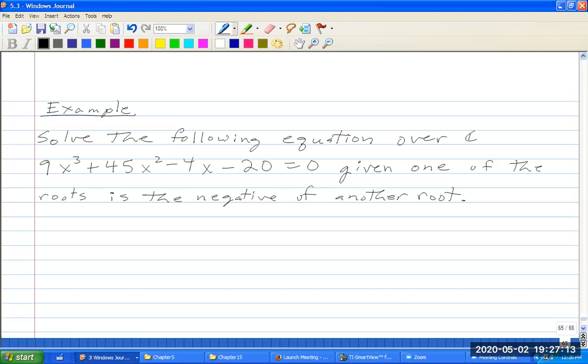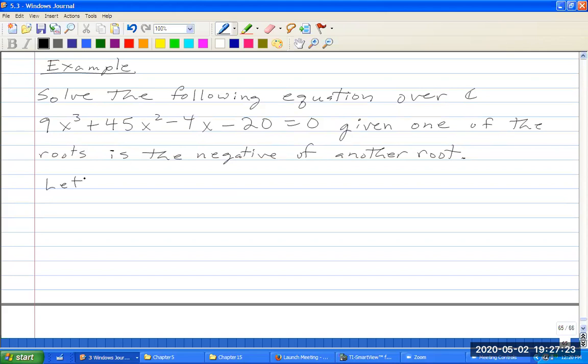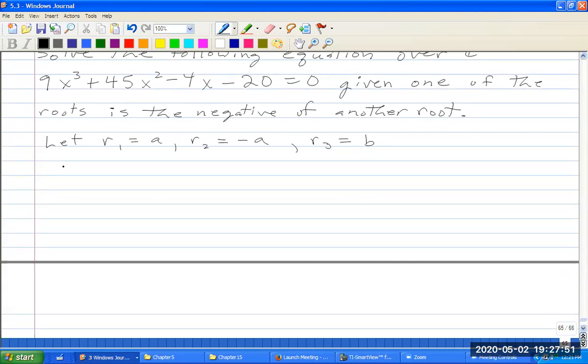Okay, so let one root equal A. Let the other root equal minus A. And let the third root be B. So I have 9x cubed plus 45x squared minus 4x minus 20.